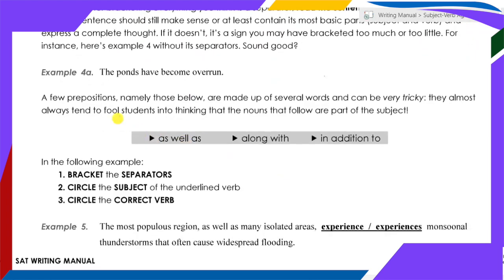Now, there are a couple of tricky prepositions that will show up, and they do tend to lead students to certain doom. Just kidding.